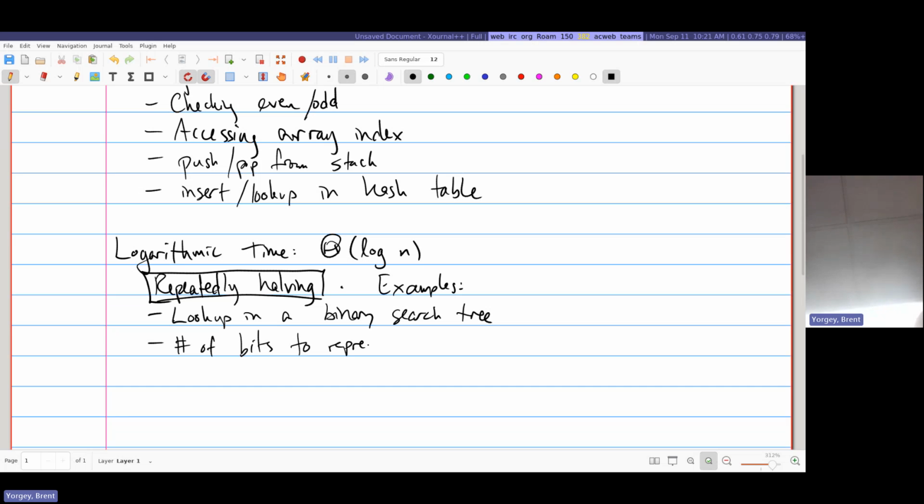If your number is n and you ask how many bits do I need, it's log n. I was thinking of binary search, when you have a sorted array. You look in the middle, and depending on whether it's too big or too small, you throw away half of it and look at the next half. Remember this from data structures.